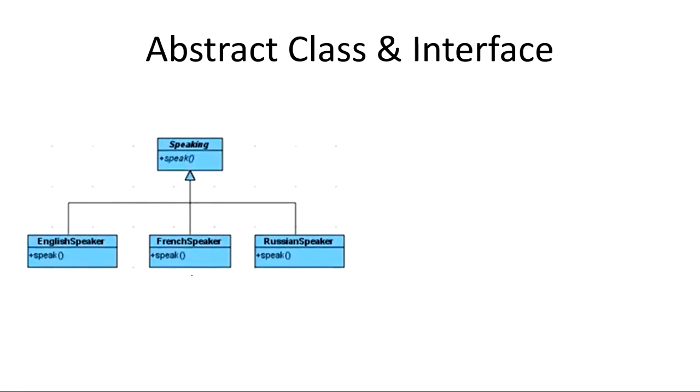Okay. Now let's see the abstract class and interface. What is the abstract class? Tell me. You must have read this now in Java or C++. What is the abstract class? Anyone?